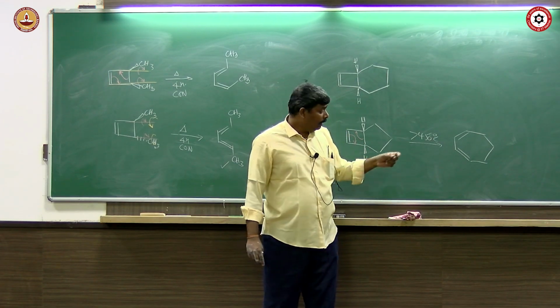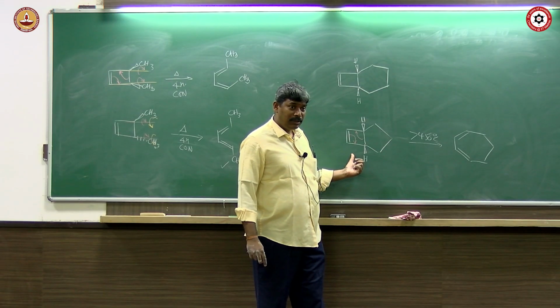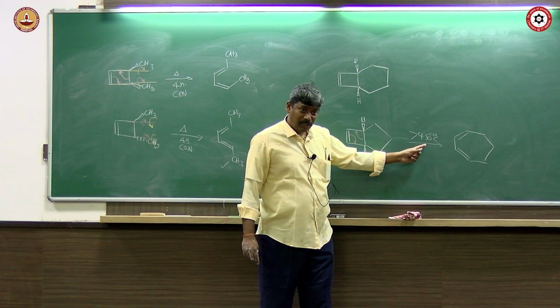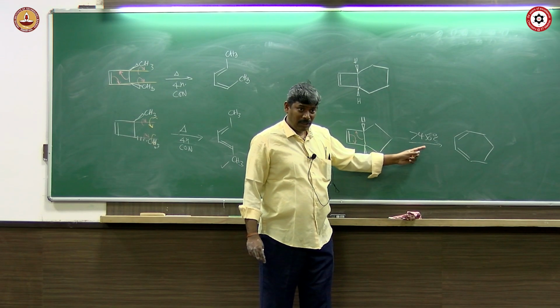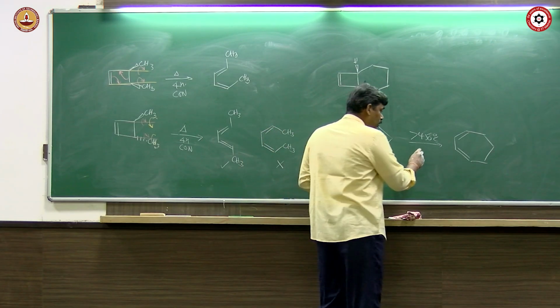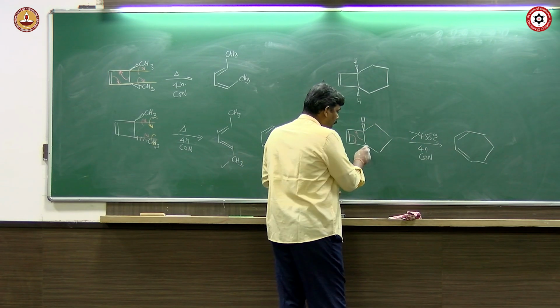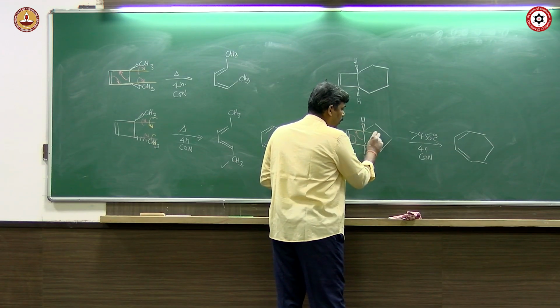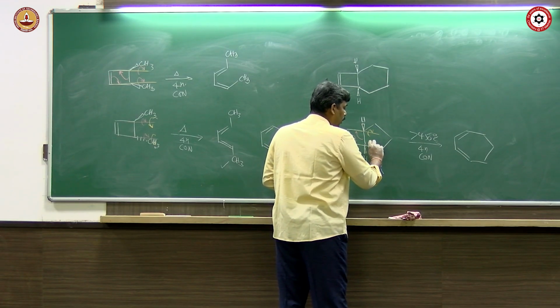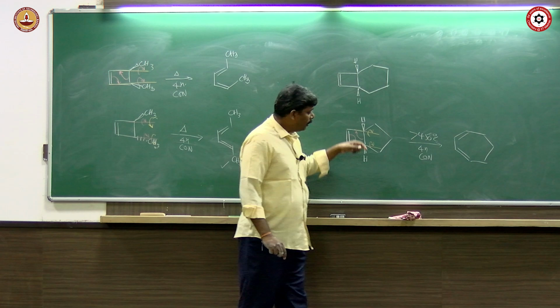Why? Because the number of electrons involved is 4n. Under thermal condition, what will happen has to be a conrotation, right? 4n and conrotation. If this has to go through a conrotation this way, both have to move in the same direction.